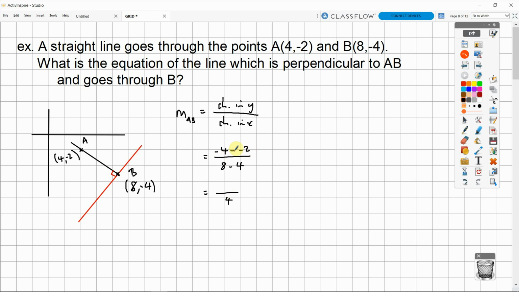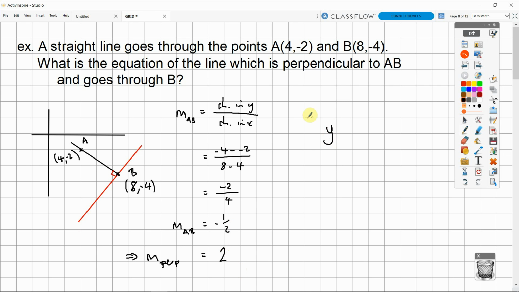Now that numerator could easily go wrong. Negative 4 plus 2 ends up making a gradient of negative 1/2. Now this is the gradient of the line AB. If you've watched my video on perpendicular lines, then you will understand that the gradient of the perpendicular line, the red one, must be 2.